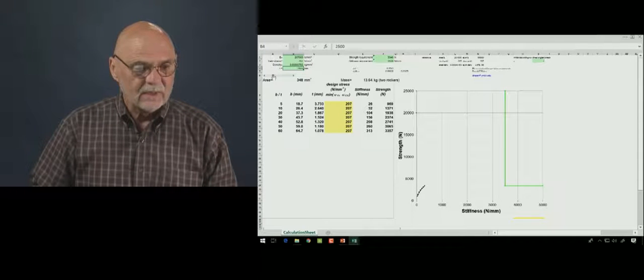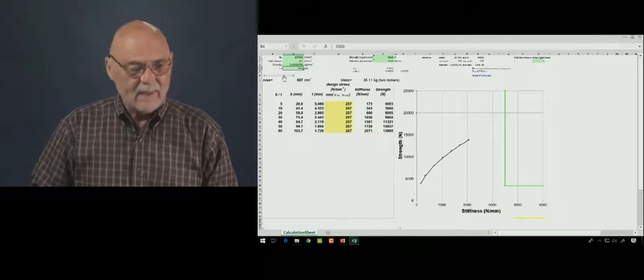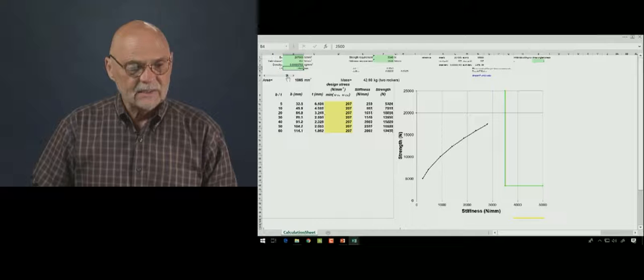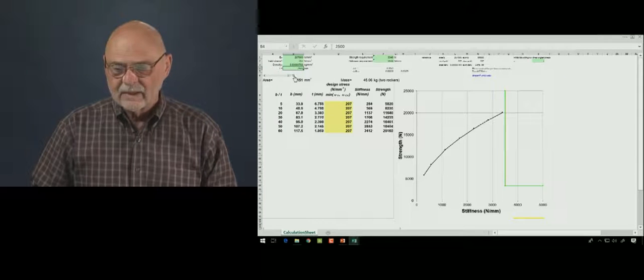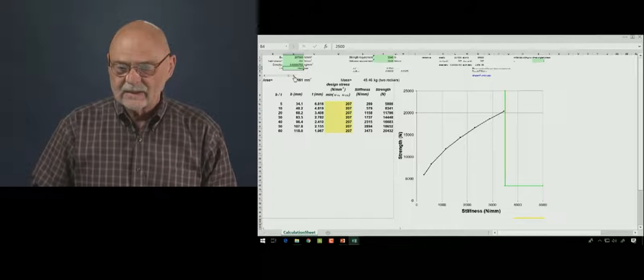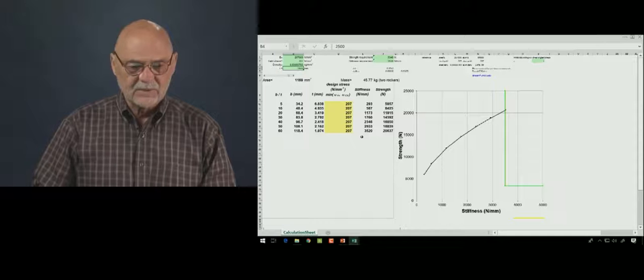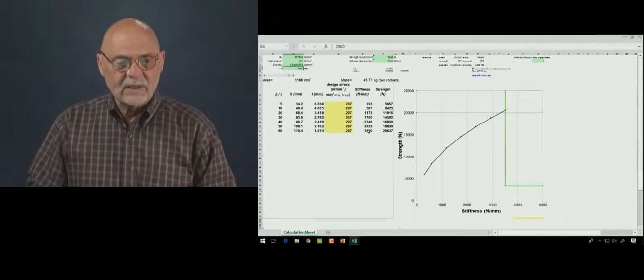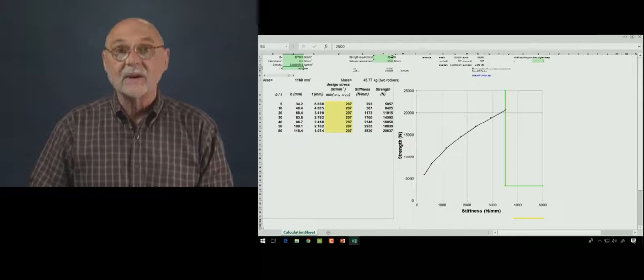So I'm going to go through this quickly, adding more and more mass, making the area bigger and bigger until we finally get into that zone for both strength and stiffness. So almost there. And then finally here we go. Oh, there we go. I think that's pretty good. So this one, we're now at 3520 for the stiffness, and we wanted 3500.